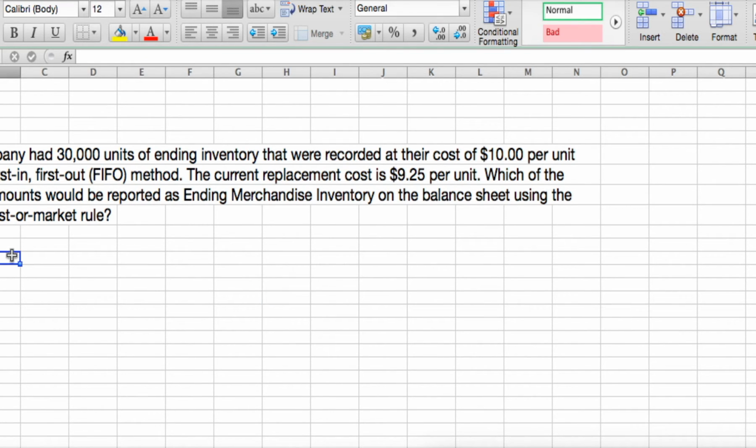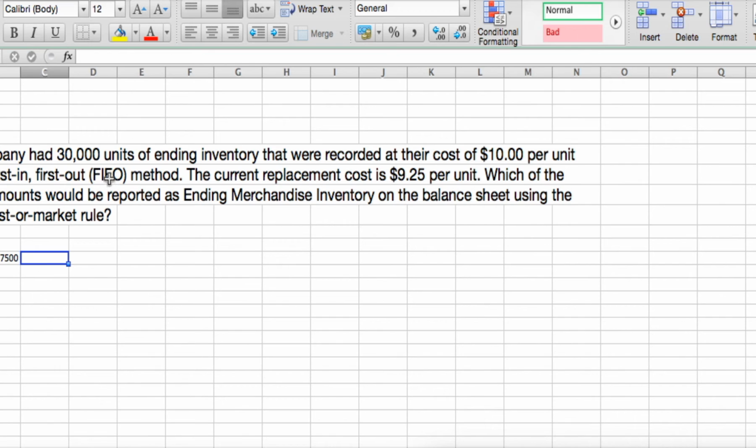So I would take my 30,000 units, I would multiply that times my lower value here, which in this case is market, and this $277,500 would be the amount that I showed in my inventory asset account at the end of this period.